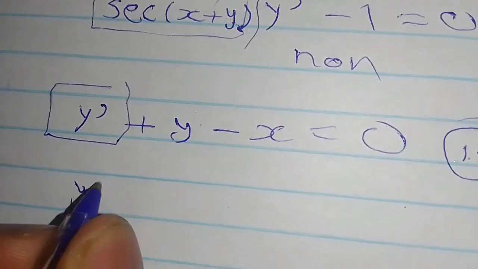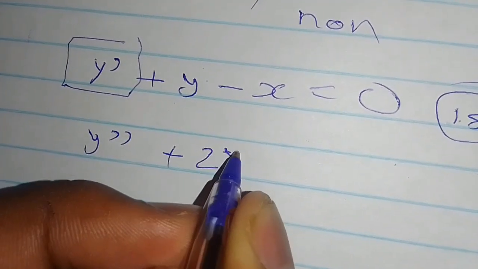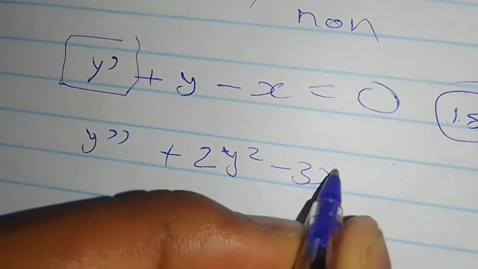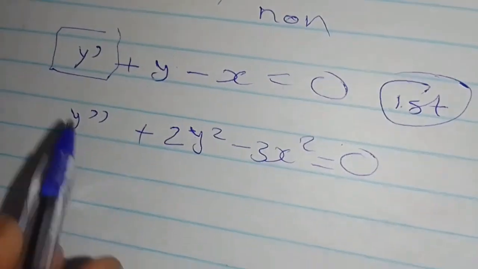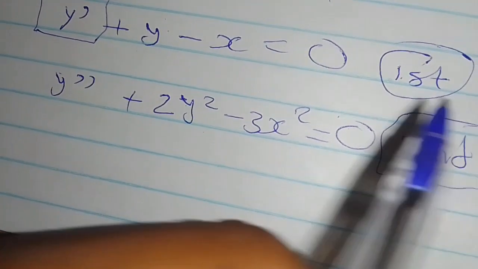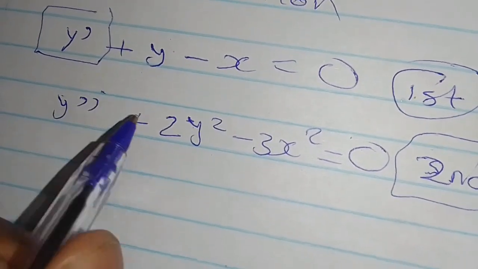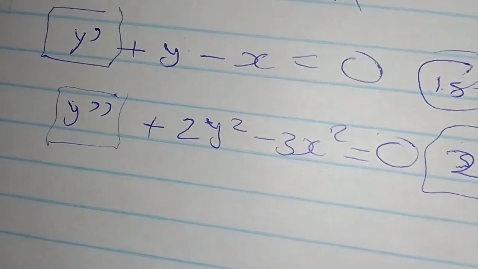And then if you have y double prime plus 2y squared minus 3x squared equals 0, or some sort of that, then this is a second order differential equation. It's second order because you can see that the largest derivative here is the second.